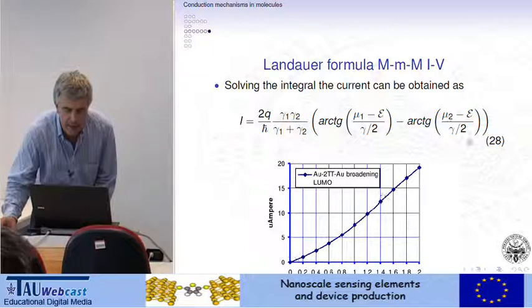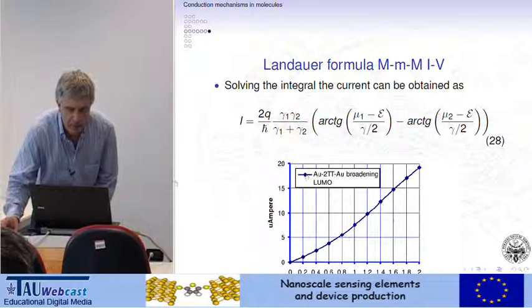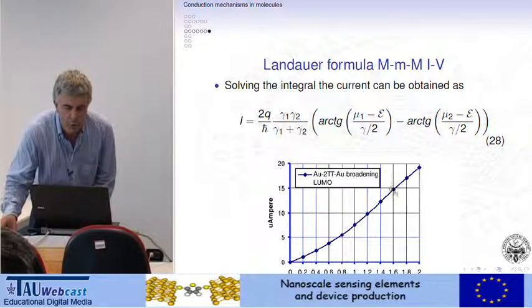And I can draw this expression simply by modifying the value of μ2 considering the external bias. What we can get now is an IV curve very close to the NEGF result. This is a good result.